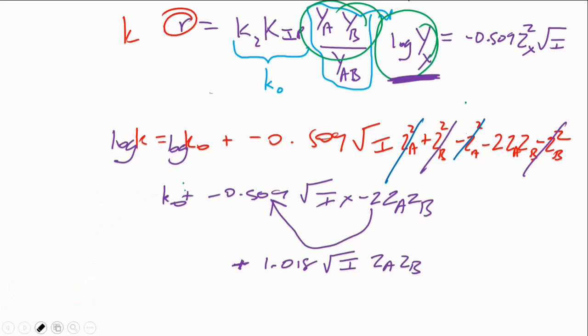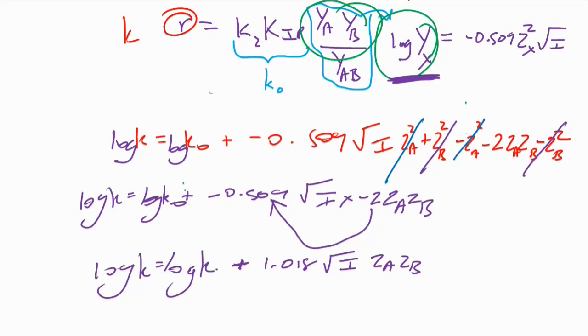Let me just adjust this a little bit. Log k is equal to this one, and so we log k, this is k naught, is equal to log k naught. Now you could take this and put it at the front here if you want. It doesn't make a difference. Same thing.